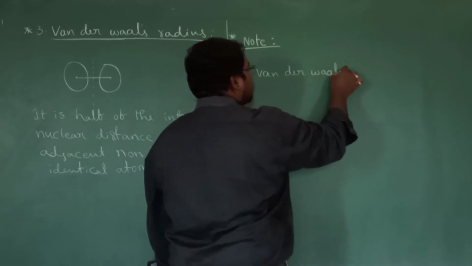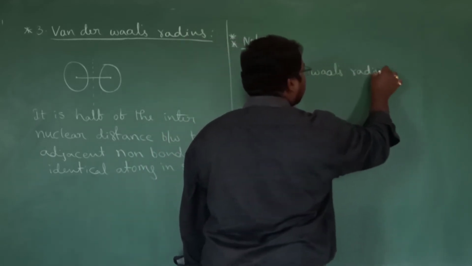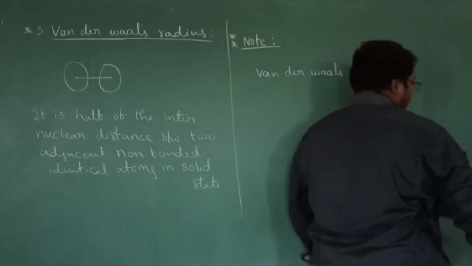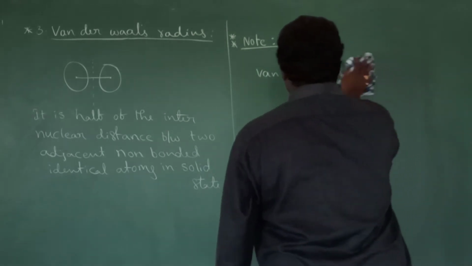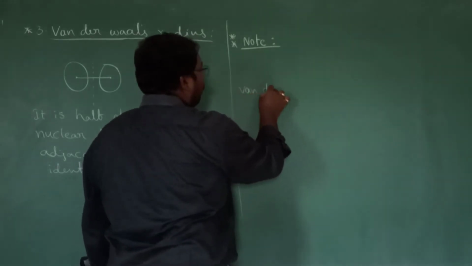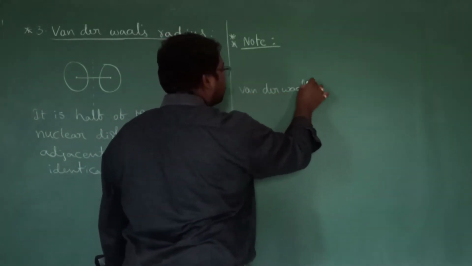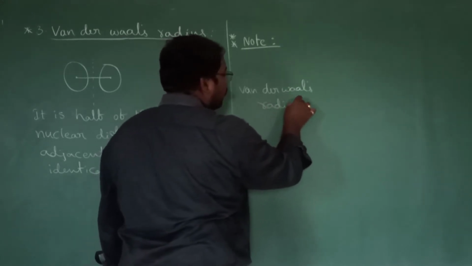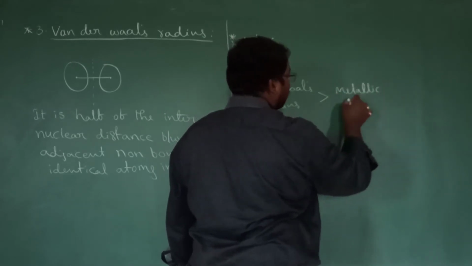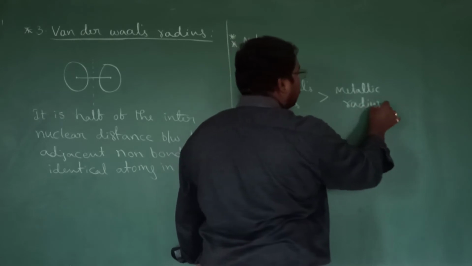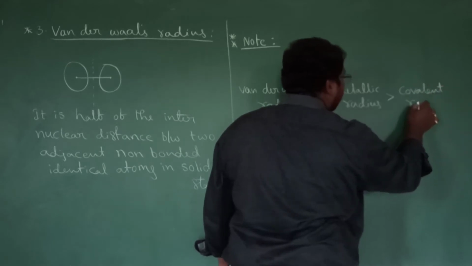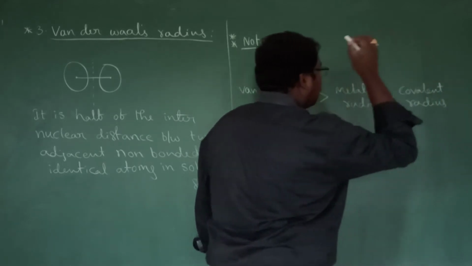Write in a simple way: van der Waals radius is greater than metallic radius, greater than covalent radius.